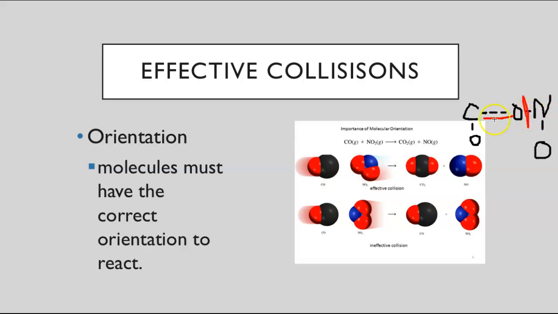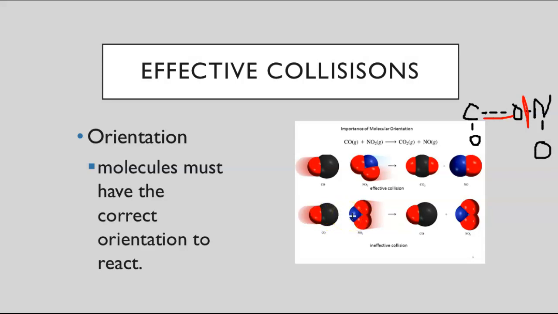That means that these two particles or these two molecules have to collide in such a way that the oxygen is facing the carbon. So the oxygen of NO2 has to collide with the carbon. If you look at this bottom collision, we have the black molecule is the carbon, and the red is the oxygen. So here the nitrogen is colliding with the carbon.